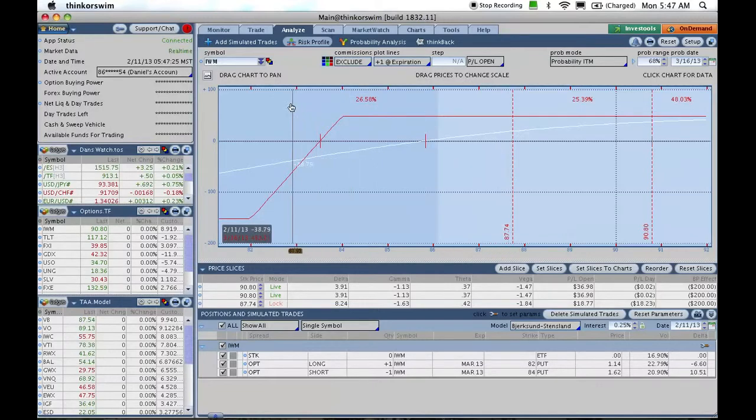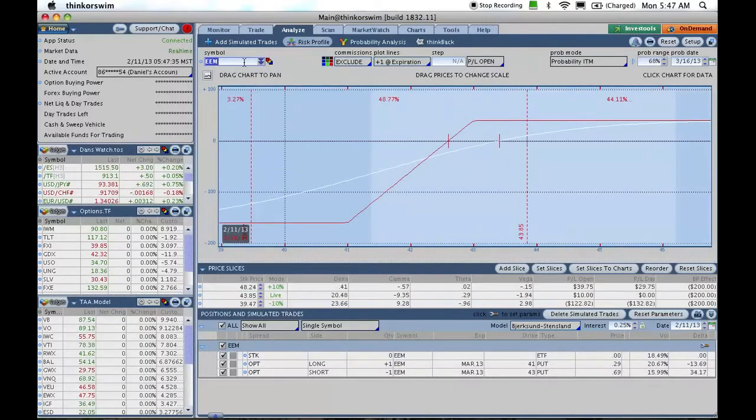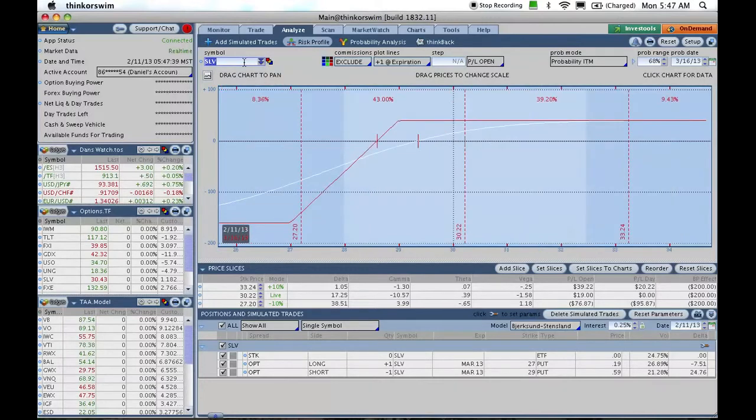Let's just run through a couple of other trades that I have open here right now. We can go to EEM, which is the emerging markets. So this is sort of international stocks. Silver here is trading about 30.22.